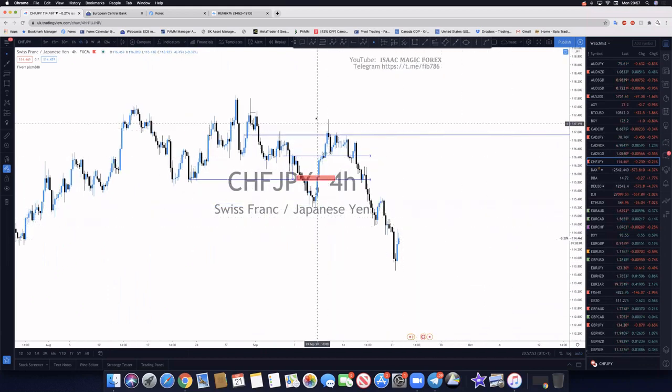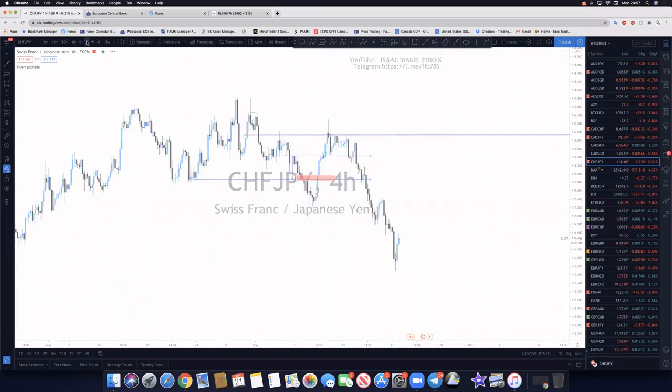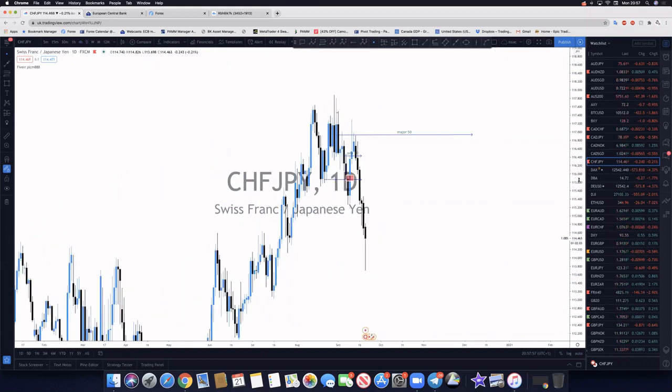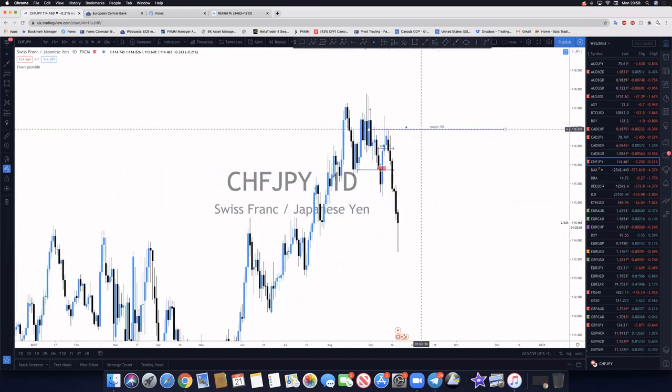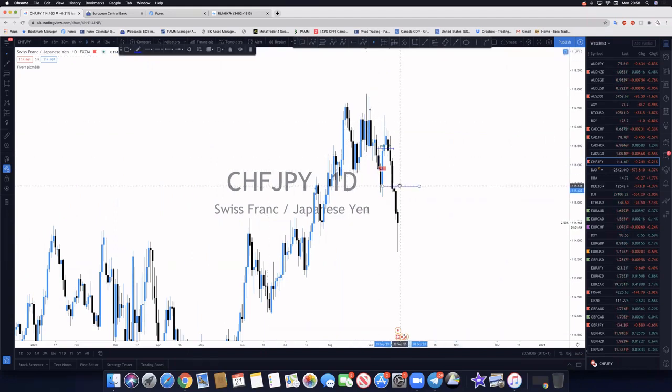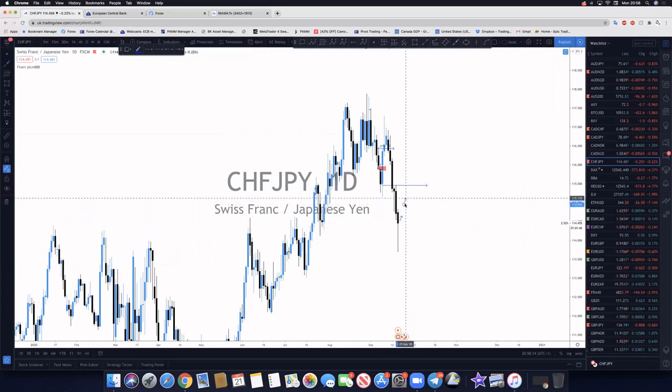A short-term buy. So let this do what he's doing, and then we get him here. It's coming here, so keep your eyes on this side.